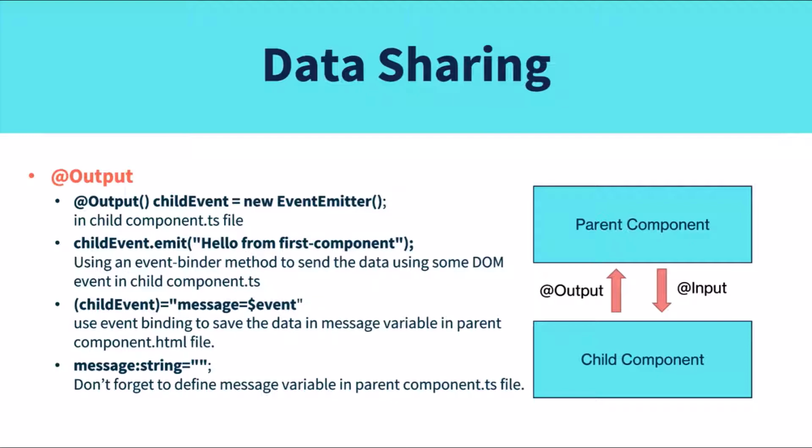And later we interpolated this message property into the parent HTML page, so that when we click this button, when the event happens, the message gets displayed. So now we have learned how we can flow data from the parent component to the child component, or the reverse, from the child component back to the parent component.